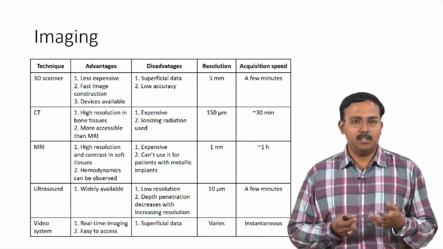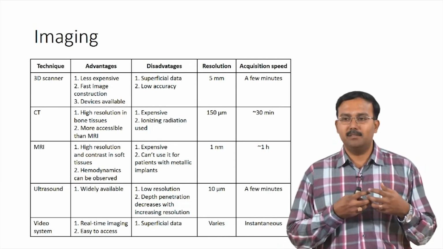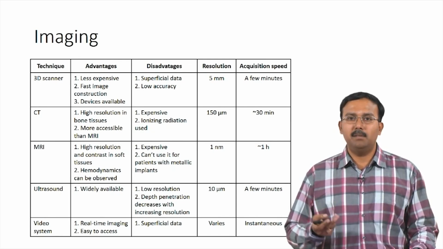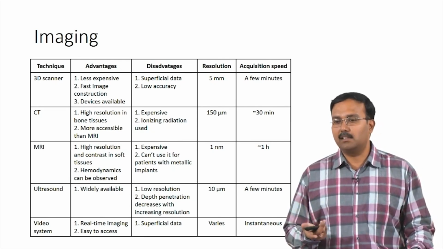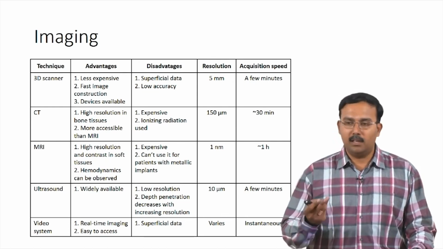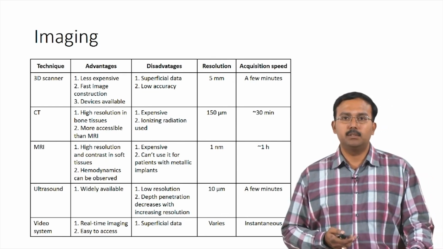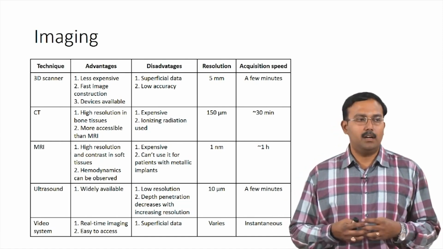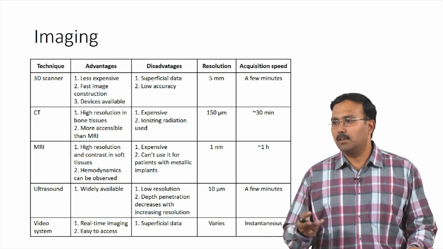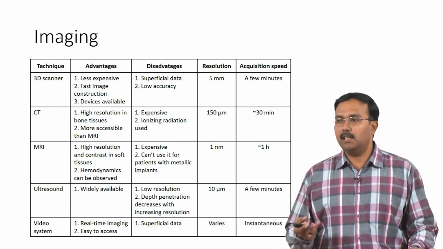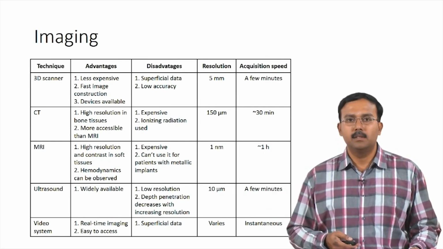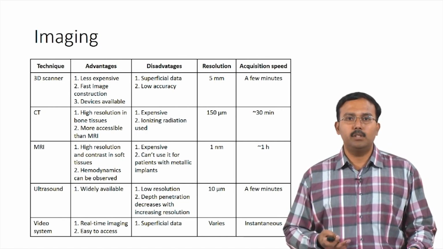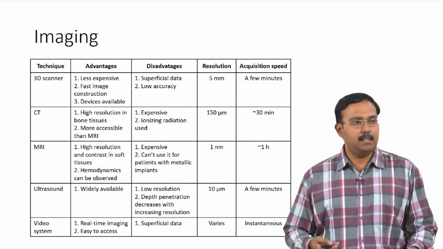If you are going to use a 3D scanner for tissue microarchitecture, you are probably not going to get any information. 5mm is too large a resolution for biological tissues, but the acquisition speed is very high, so this can be used primarily for non-living structures. If you only have macro structures, then this kind of scanner might actually work.